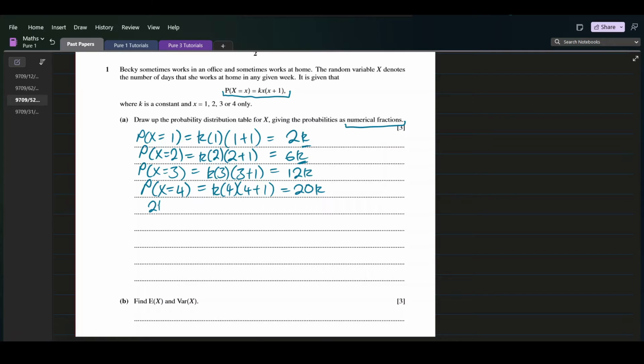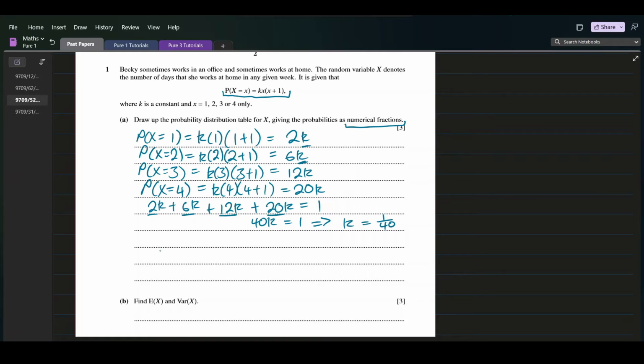So that's 2k plus 6k plus 12k plus 20k. This should equal 1. If we simplify this, 2 plus 6 is 8, plus 12 is 20, plus 20 is 40. So 40k is equal to 1, and therefore k is equal to 1 over 40.